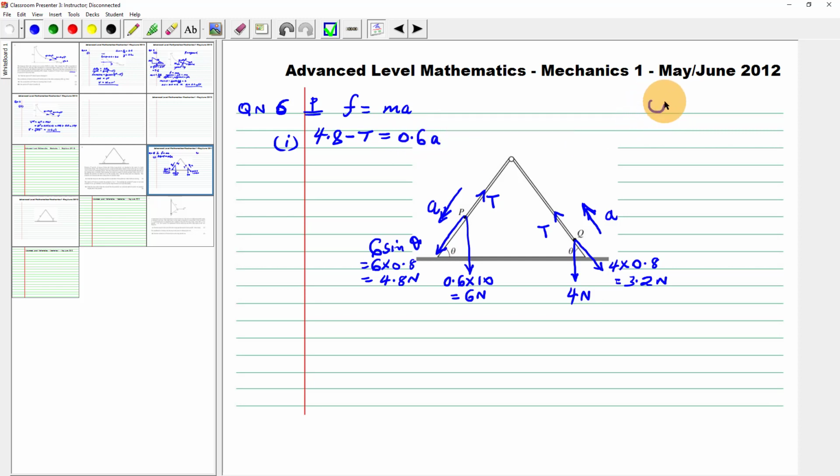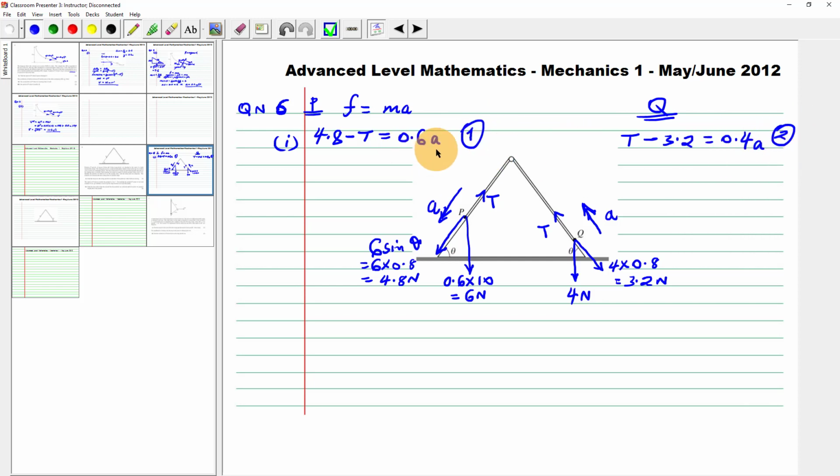How about for particle Q? Since particle Q is accelerating this way, then T is greater than 3.2, and the resultant force will be T minus 3.2, which will be equal to 0.4a. Again, I'm using F equals ma. So I've got equation 1, and here I've got equation 2.